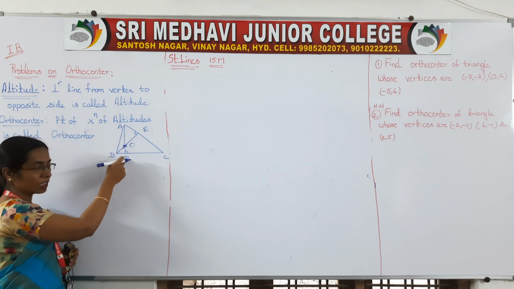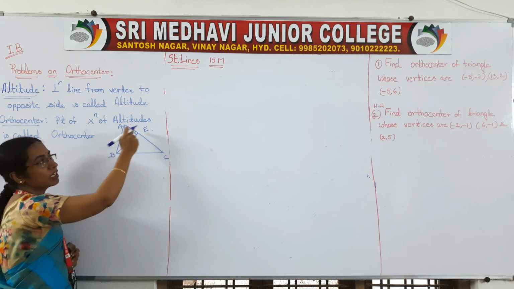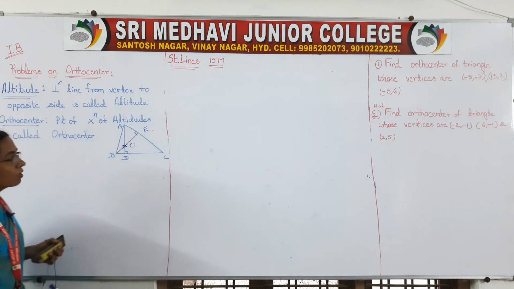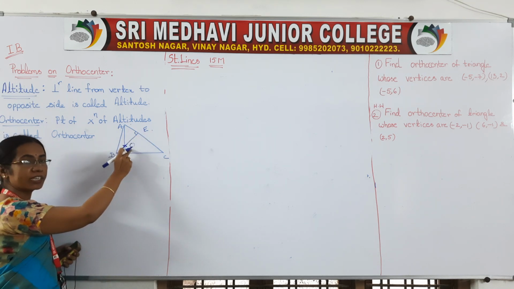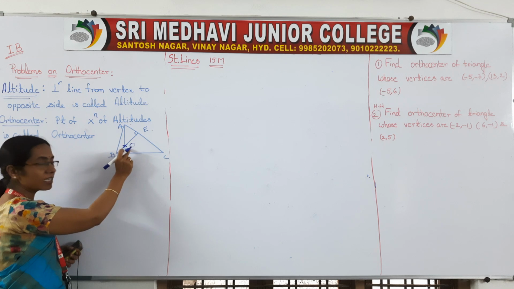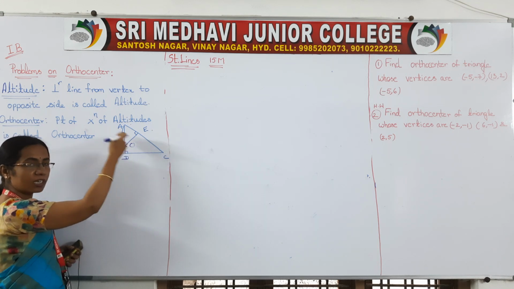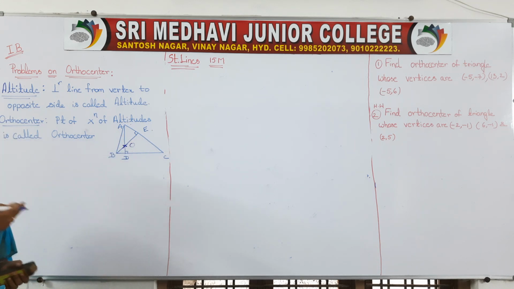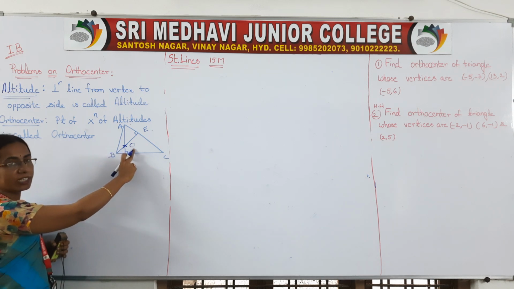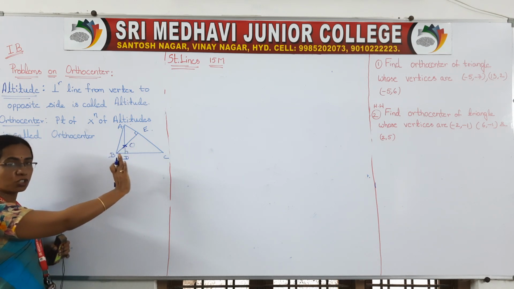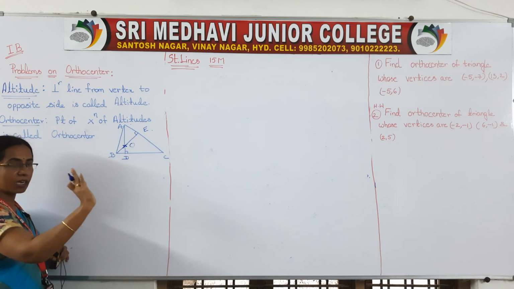You take the altitude AD and the altitude BE and find their point of intersection, right? That is the orthocenter. Definitely the third altitude will pass through that point. They are concurrent. We want the orthocenter, the point of intersection of altitudes, so 2 altitudes are enough for us.